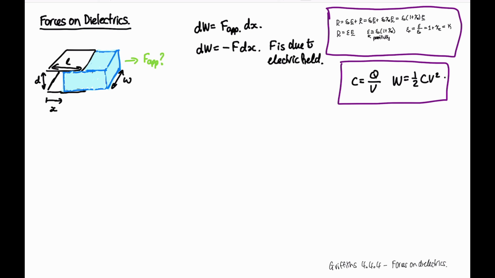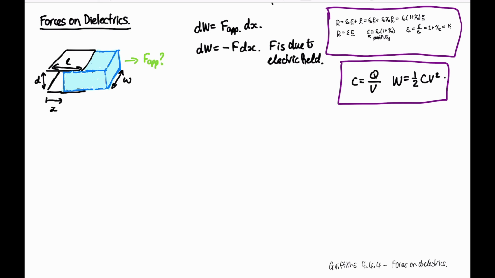Now, this would be hard to calculate directly because this electric field is a little bit complicated. Between the plates, it's just a straight vertical field, so that would be easy. But we've got a fringing field, like it loops around out the outside here, and it's a little bit complicated.